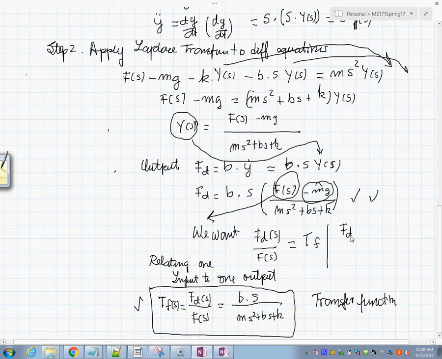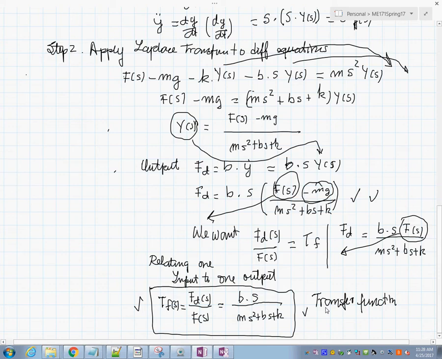What I'm trying to say is this: F_D is equal to B times s times F of s, divided by ms squared plus bs plus k. And if we move this one over here, we are going to obtain this equation. So I hope that clarifies it a little better.